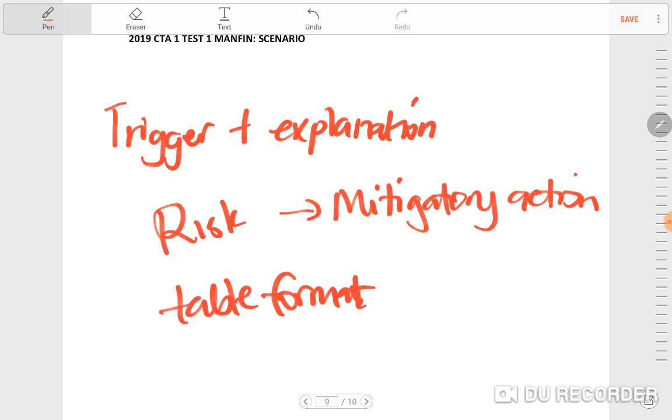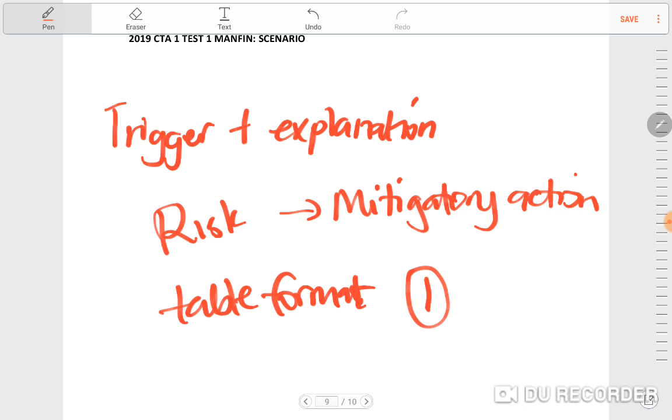So a table format would allow you to match your specific risk, that is the trigger plus an explanation, as well as the mitigatory action to attain your 2 marks. So for students who identified the correct presentation format, that is the table format, a mark was awarded for communication skills, that is the presentation section. So presentation had 2 marks, the memo format and the table format.